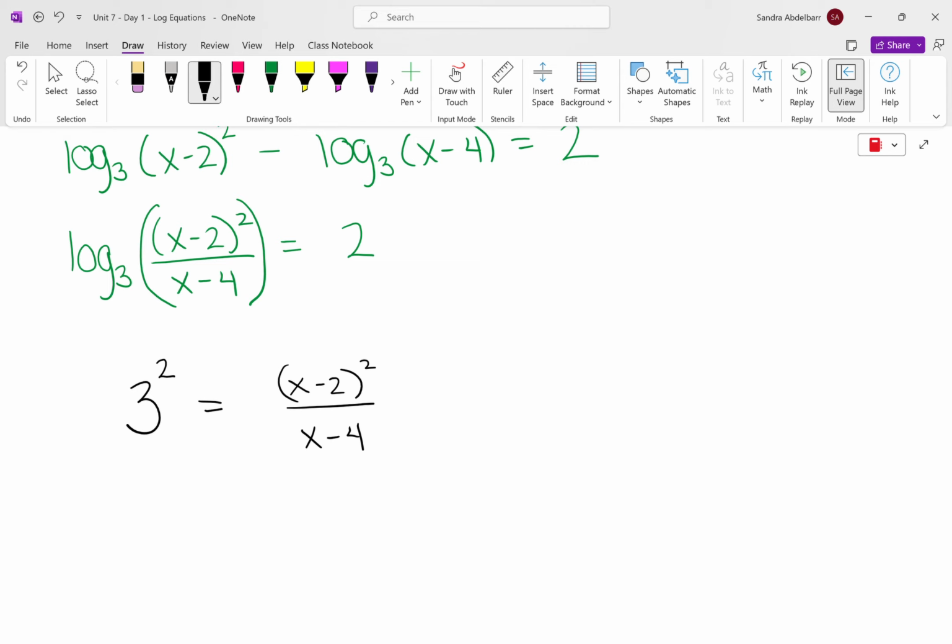All right, let's keep going now. So now we're going to have 3 squared, which is 9, equals x minus 2 squared over x minus 4. We're going to have to solve for x, so I'm going to cross multiply.